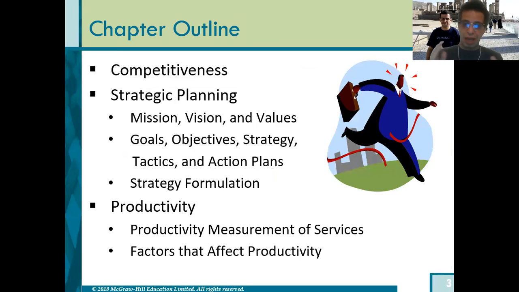In this chapter, the outline is we will talk about competitiveness and strategic planning, as we said, mission, vision, and values. We'll talk about the goals, objectives, strategy, tactics, and action plan, and strategy formulation, and the reason is because our operation plan should be synchronized with the strategic plan.